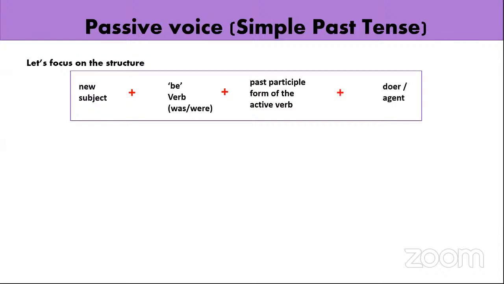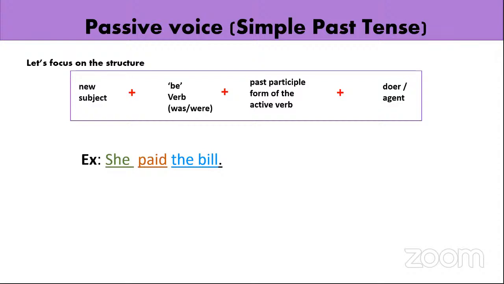And the doer. Okay, I'm going to take the same sentence as the example to make it easy for you to understand. And it's, she paid the bill. Verb paid.